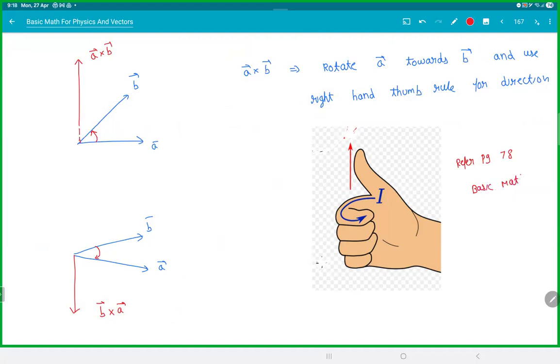We have discussed in detail the direction. All clear with the direction part?